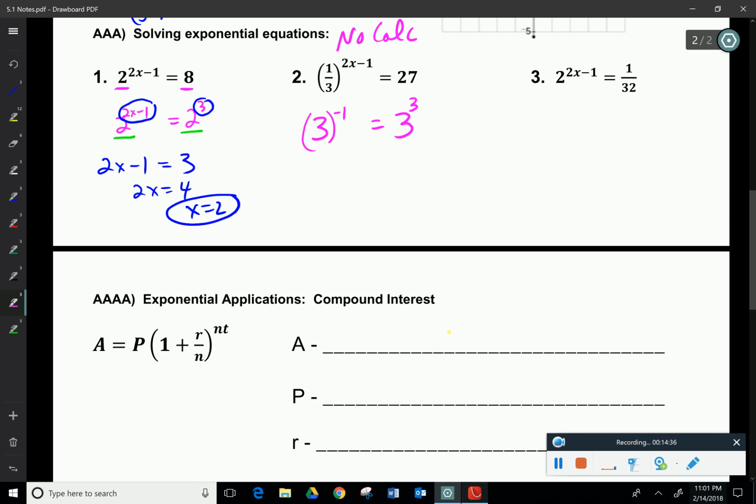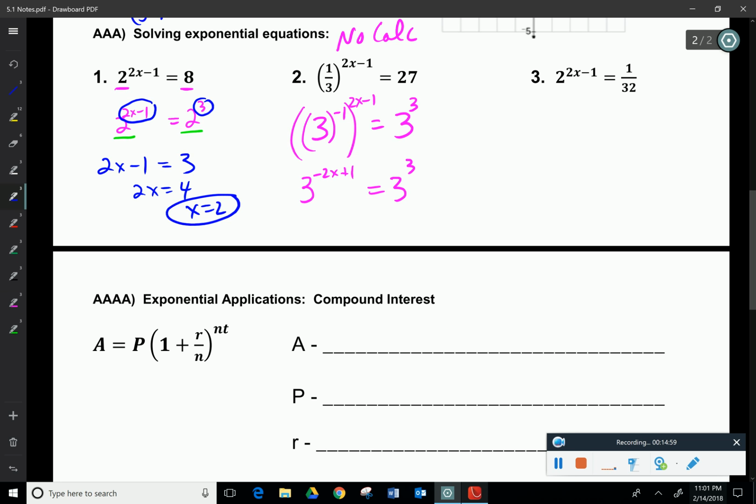But then isn't that 1/3 being raised to the 2x minus 1? So what I actually have on the left, if I raise a power to a power, don't I multiply my exponents? So if I multiply -1 times 2x minus 1, I actually have 3 to the -2x plus 1, and that's supposed to equal 3 to the 3rd.